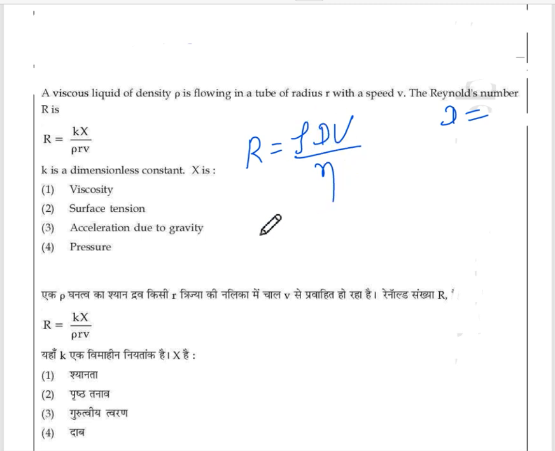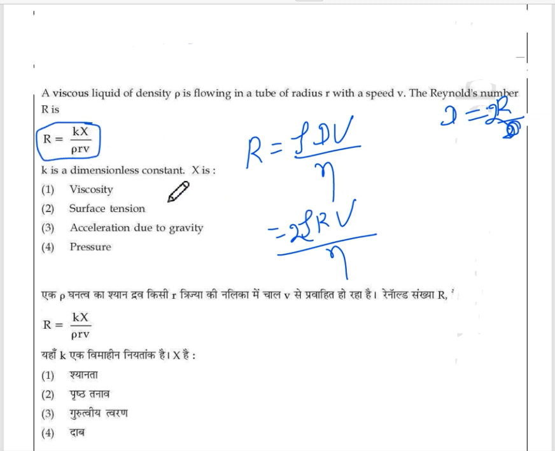If we write it in the form of radius, the diameter is 2r, so I just write here 2r by eta. If we compare with this, I think it is written in the wrong way.